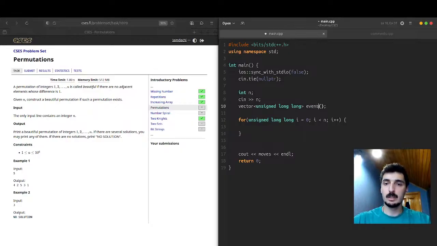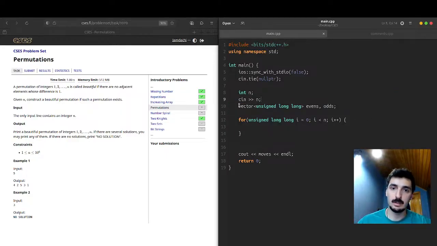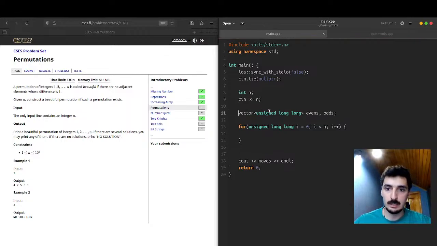One's gonna be evens and another gonna be odds. So we start from 1 all the way up to n.